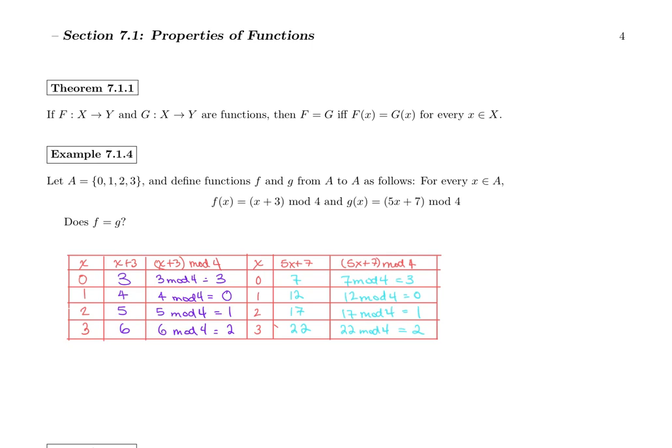And in this case, we find that our mods 3, 0, 1, 2 and 3, 0, 1, 2 are exactly the same for f of x and g of x. So we would say since f of x equals g of x for every x in A, f equals g.